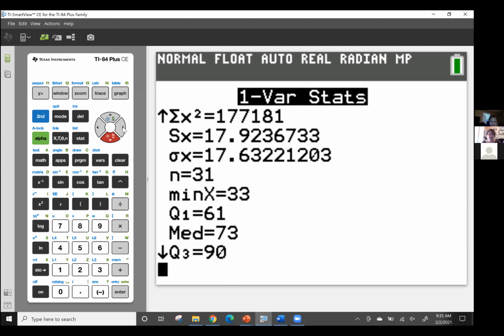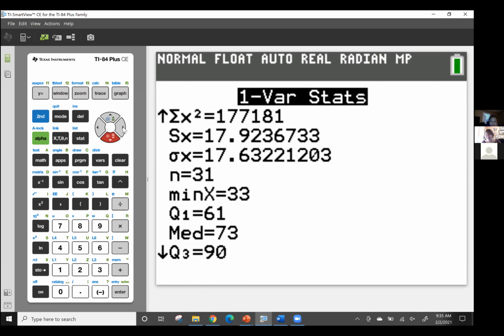And the median and the mean are really close in value. That doesn't necessarily surprise me, because when we're talking about scores on tests and things like that, I would kind of expect the median and the mean to be close together.